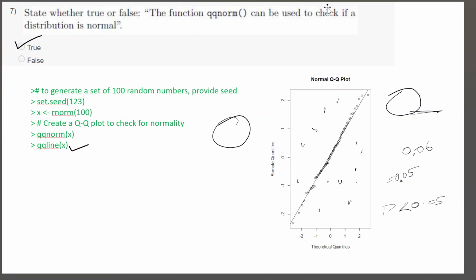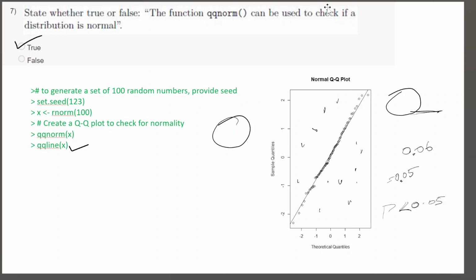I have written a program for this to generate a set of 100 random variables. I provided a seed of 1, 2, 3. I use this repeatedly because it will generate identical random numbers, so when I compare again, I won't be generating different random numbers. If you follow this, you will get a similar result to mine.